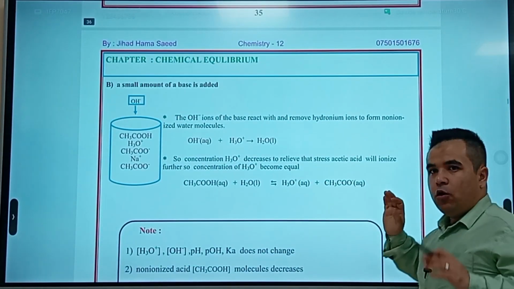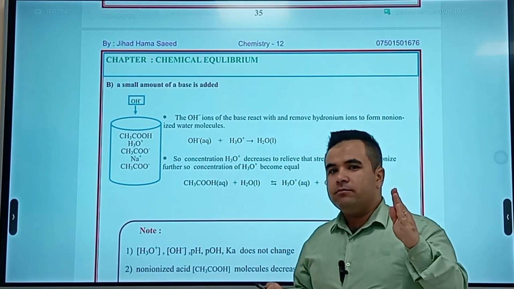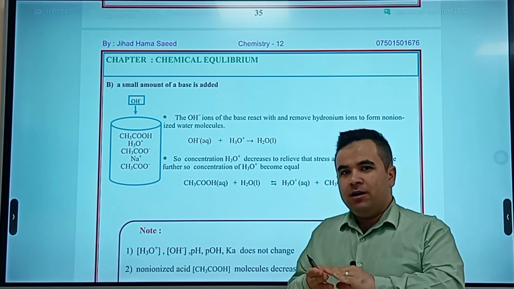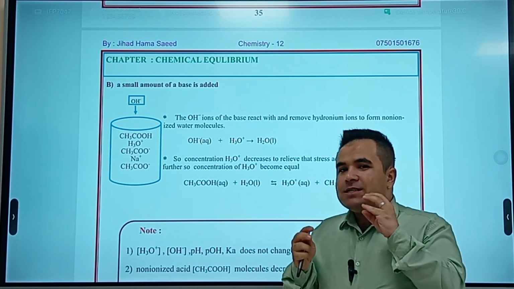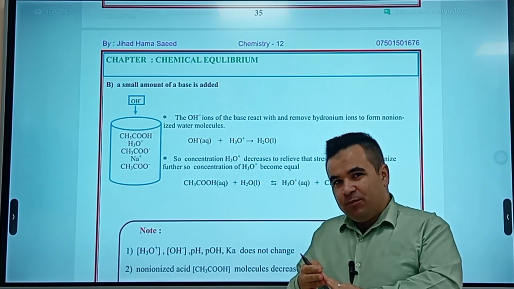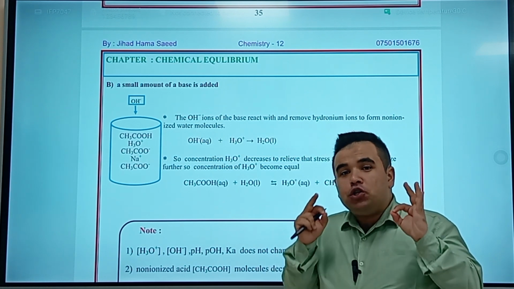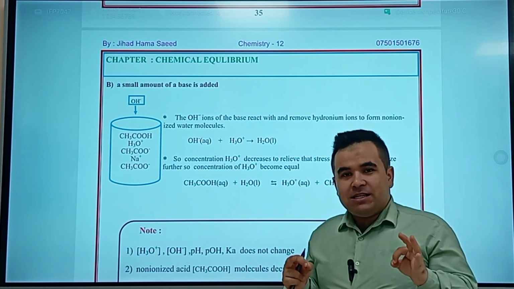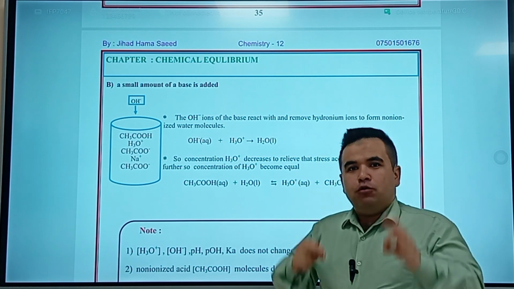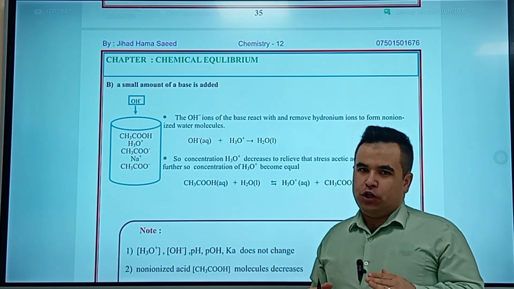So whenever acid is added to an acidic buffer, the reverse direction in the equation of the weak acid will be favored, its ionization is reduced but its concentration increases.